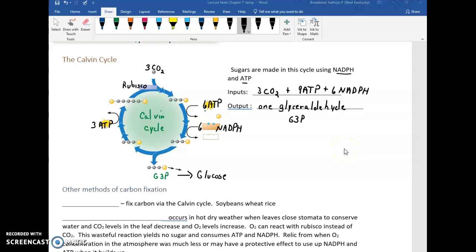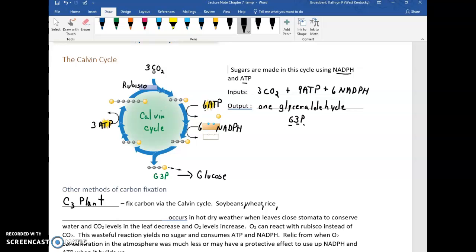We're going to abbreviate it here as G3P. This is the normal way of fixing carbon, and C3 plants use this method. Things like soybeans, wheat, and rice.